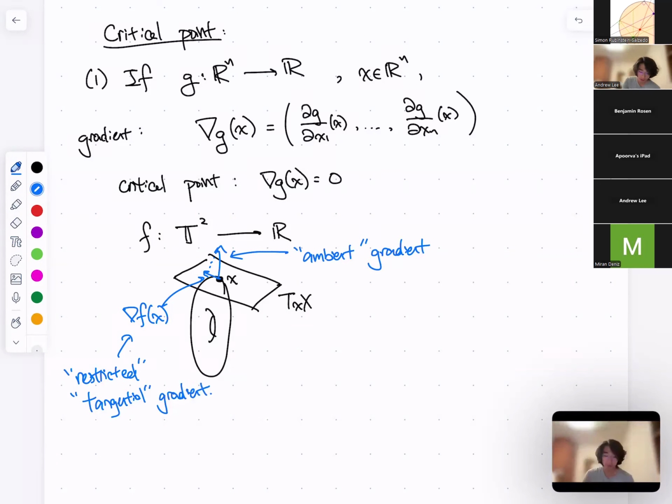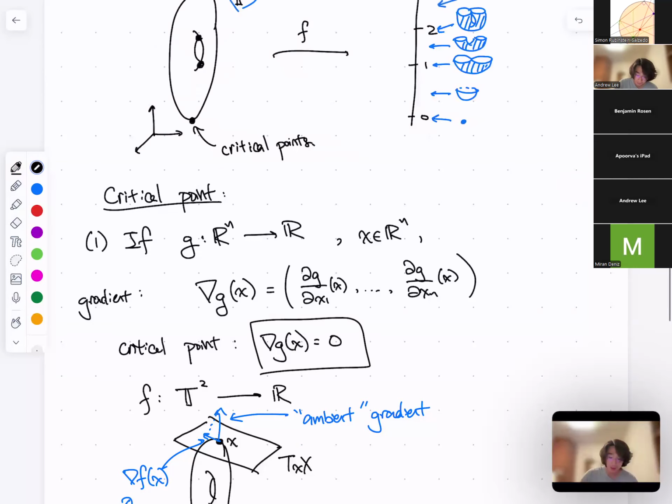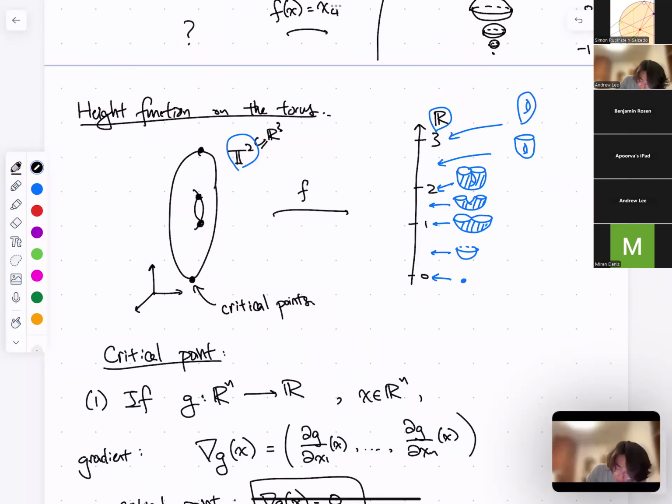Cool. Now that I have this terminology in place, again, a critical point is just a point where the gradient vanishes. And so in our case of the torus, it's a point where the upward pointing vector vanishes in the tangent direction. Remember, our height function is x3.